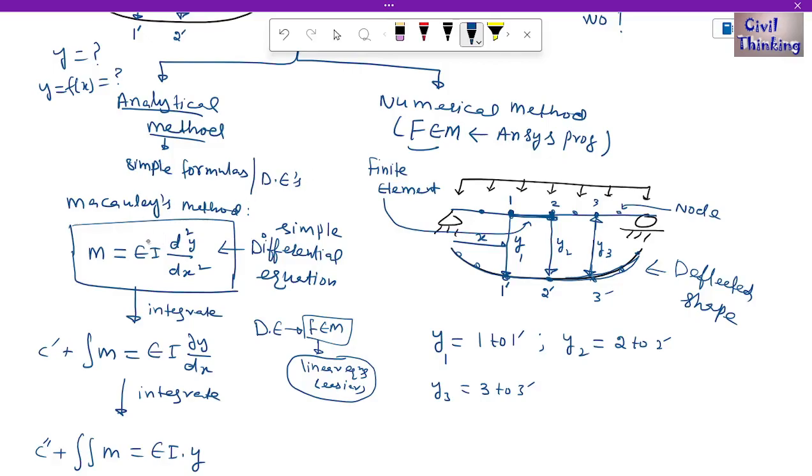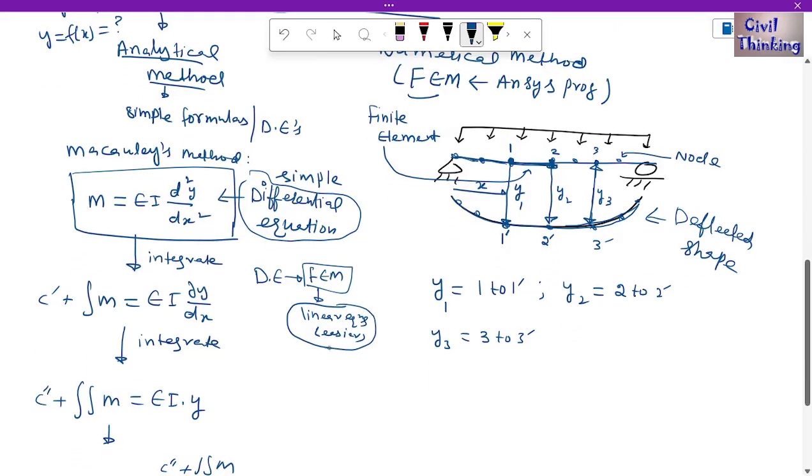So that is the basic difference. In the analytic method we use differential equations, but in the finite element method it converts the whole body of the product into finite elements. This is a finite element, this is also a finite element. Then it calculates the deflection at each point using linear equations, basically linear equations in matrix form. We will not go into this; it is not important.